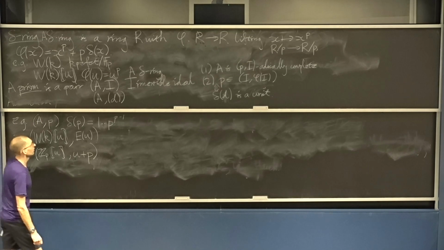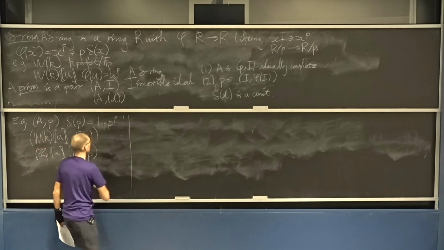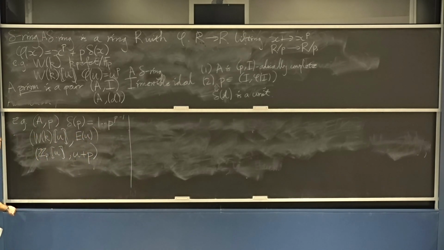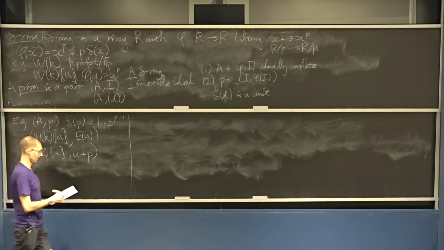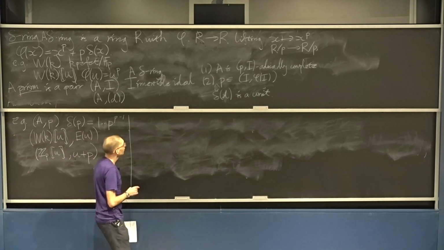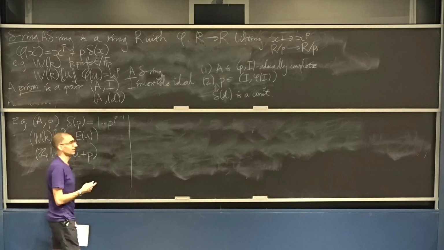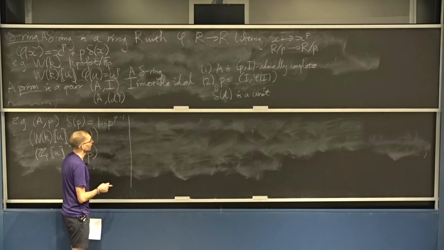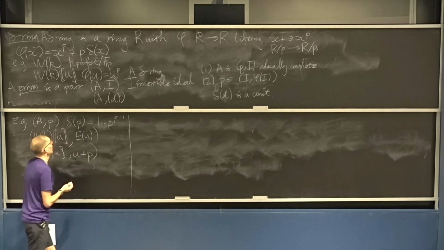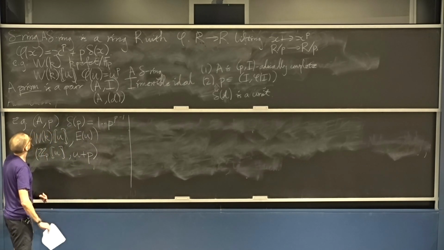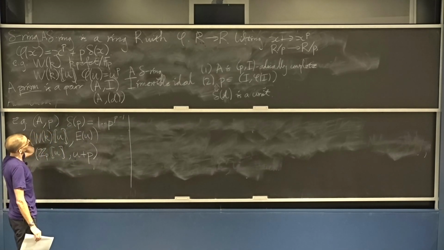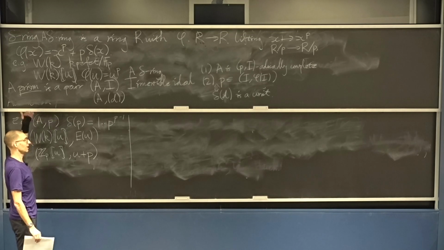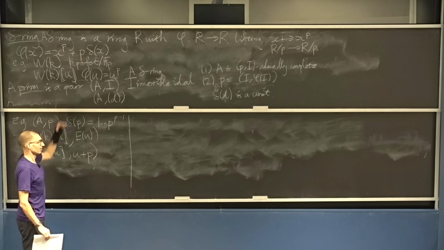OK, so there's a very general example of a delta ring, a ring with a Frobenius lift, which is the ring of Witt vectors. And I definitely don't have time to give a detailed overview of Witt vectors in general, but I just want to say something very briefly, because at least if you're me, before studying any of this, the Witt vectors you're used to are things like the Witt vectors of F_p being Z_p, putting in some perfect field.